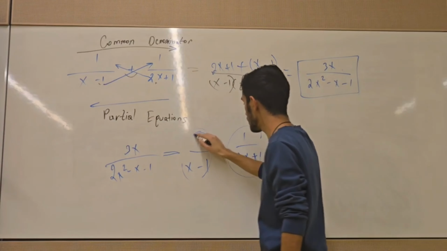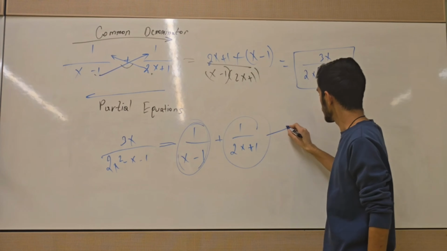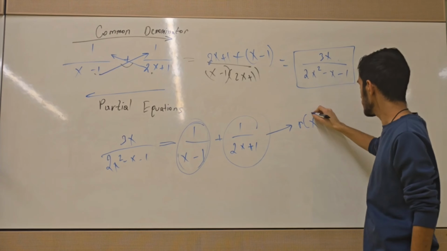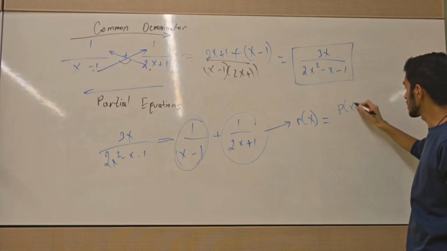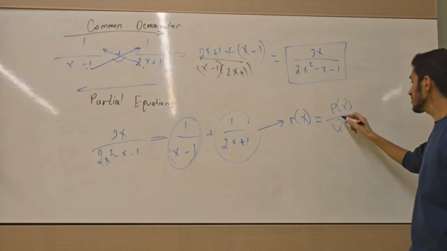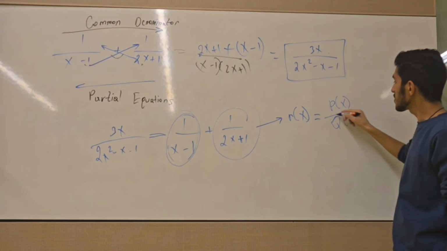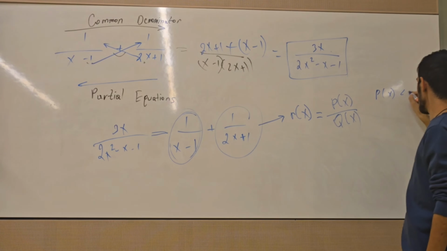We call this partial equations. Assuming them as r of x, we can write the general formula as p of x divided by q of x, where the degree of p of x is always less than that of q of x. So we can write it like that.